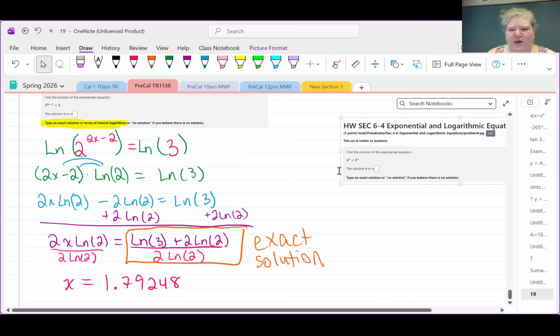All right, so our next one is another one that we can't write with the same base. It's got 4 to the x equals 5 to the x. So I can't turn 4 into 5 or 5 into 4.